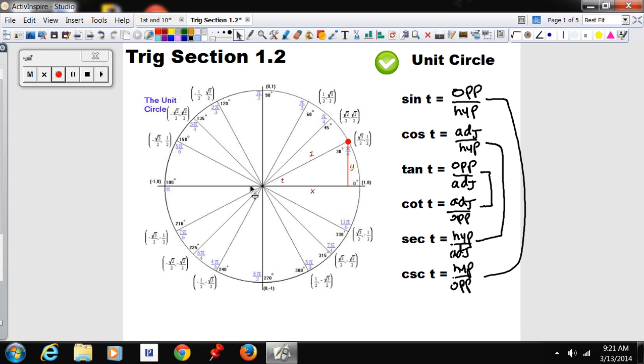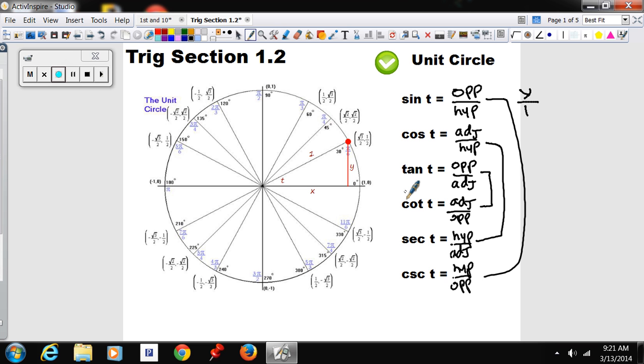Let's look at the sine of T. Sine is opposite over hypotenuse, SOH. So my opposite would be my Y value. My hypotenuse is 1. So let's put that right here, Y divided by 1, or Y over 1. What is Y divided by 1?